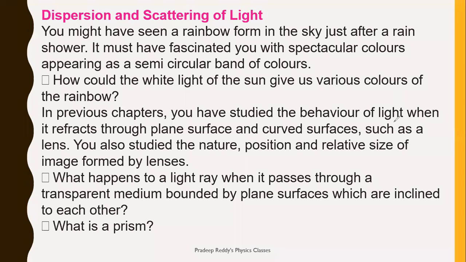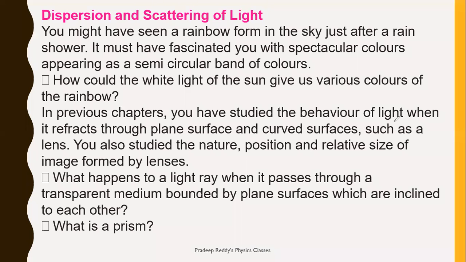Students, in the next coming sessions, we will be learning about dispersion and scattering of light. As we know, the white light of the sun gives us various colors when a rainbow occurs. That is the effect of dispersion. We will learn how dispersion takes place, how that white light is split into different colors.